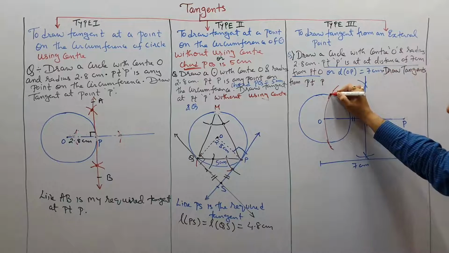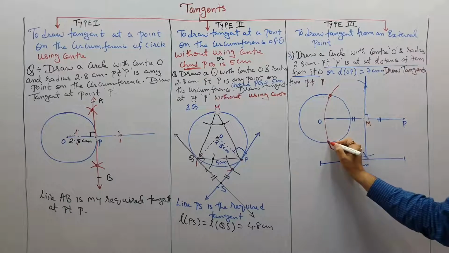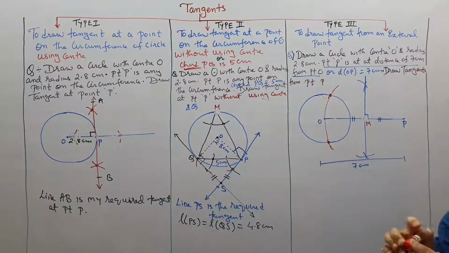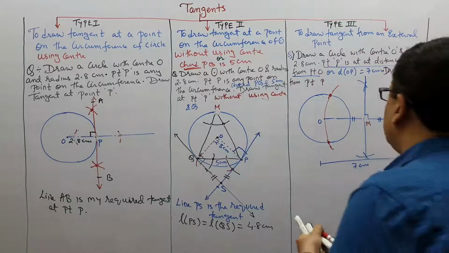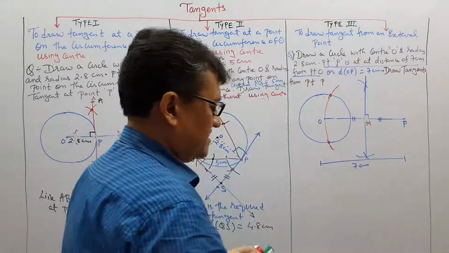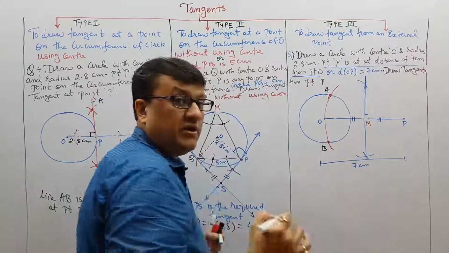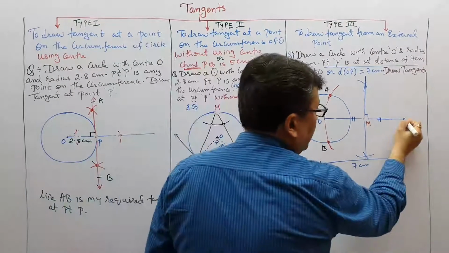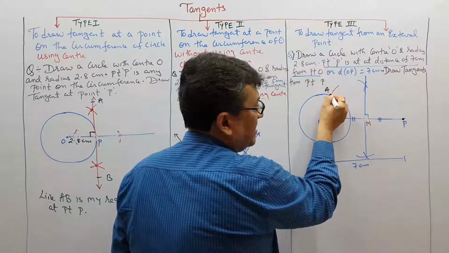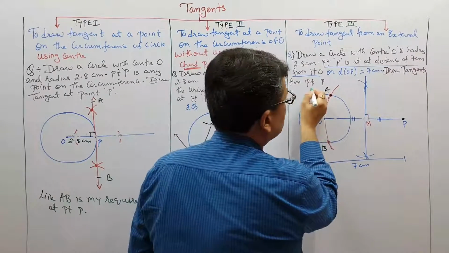Did you see very well defined points made by this arc on the circle? Right? Let me say this is A and this is B. Now with your scale, point P and A, see to it, join.